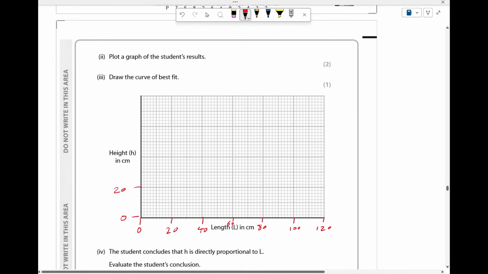Just, if you're doing something different to this, you're probably misunderstanding the question, what you're expected to plot properly. So I'm going to plot this by me.